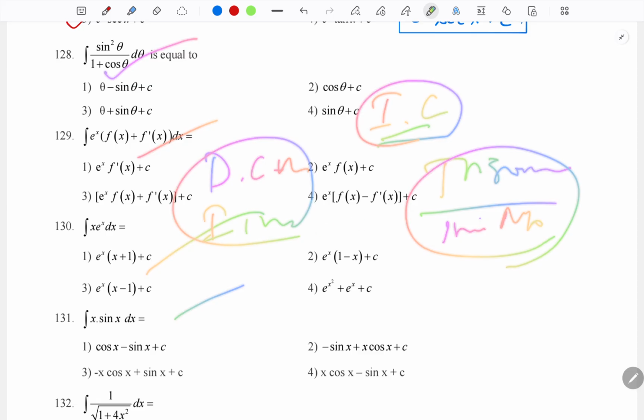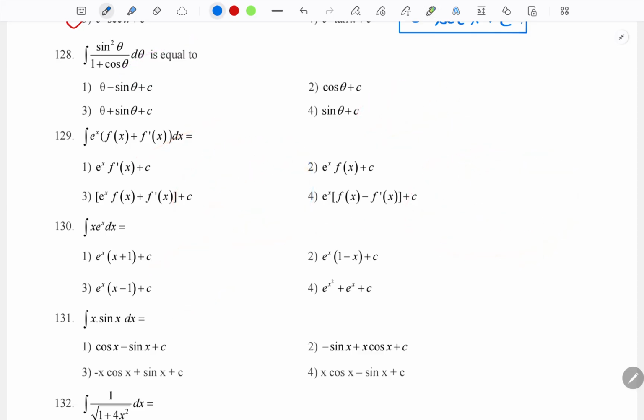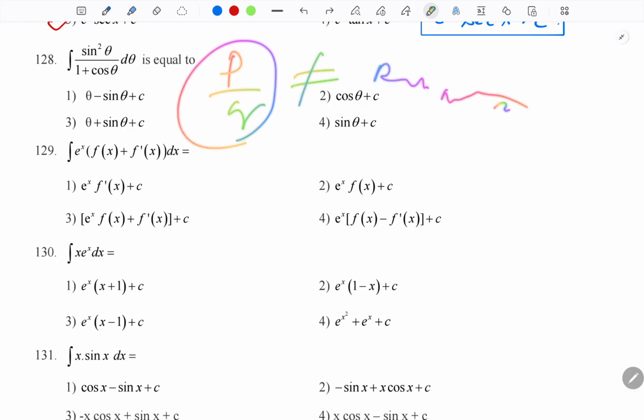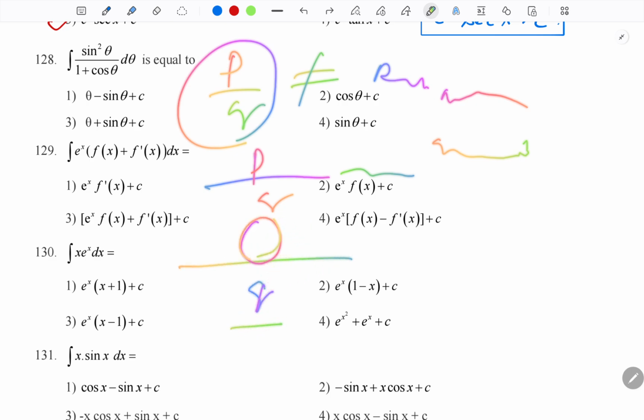Now, whenever there is p by q, a rational form, in your integration, first check the methods, like rationalization or any trigonometry or algebraic method. Also make sure, students, whenever p by q, write your numerator according to the denominator, then your solution will be very easy.